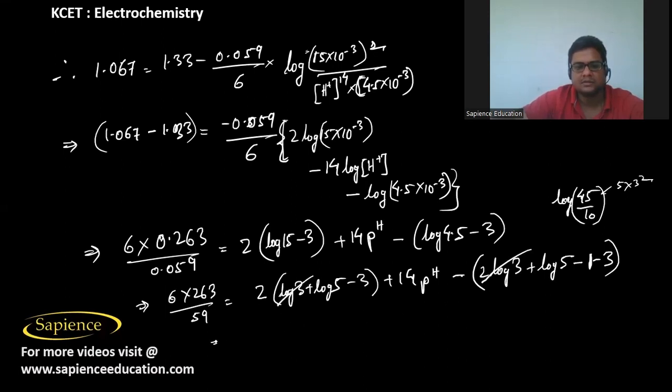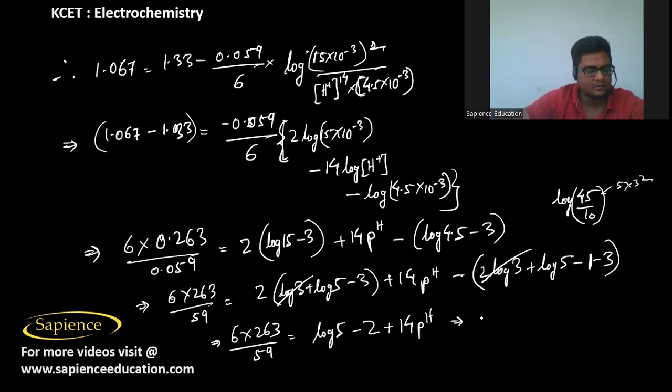So this is 6 into 263 by 59, that is equal to 2 log 5 minus log 5, that is log 5, and minus 6, then minus 6 and plus 4. So that is minus 2 plus 14 pH.